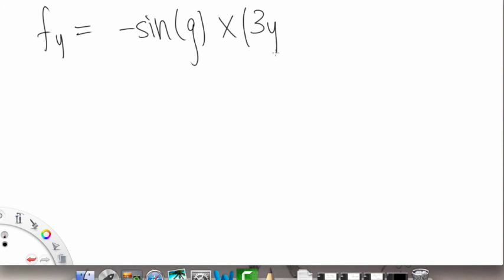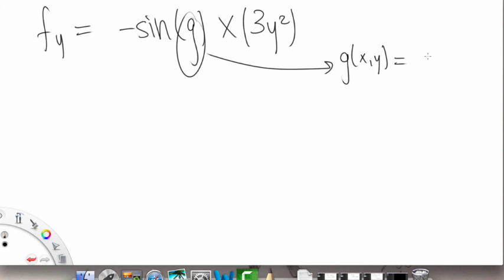So f sub y is so far negative sine of g times x times 3y squared. And now you might be like, okay, so what do we do with this g? That's just sitting there. So now we consider that g of x, y is equal to x times y to the third. We're just going to replace this guy, x times y to the third, in for our g.